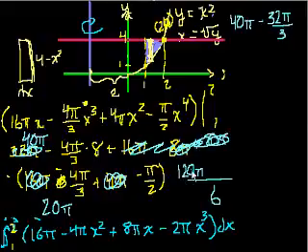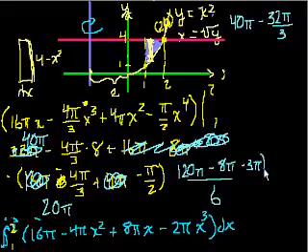And then minus 4 pi over 3, if I put it over 6, it becomes 8 pi over 6. Right? And then pi over 2, if I put it over 6, it becomes 3 pi over 6, so minus 3 pi. So this whole term that we're going to have to subtract from this term is equal to 120 minus 11, right? So that's 109 pi over 6.